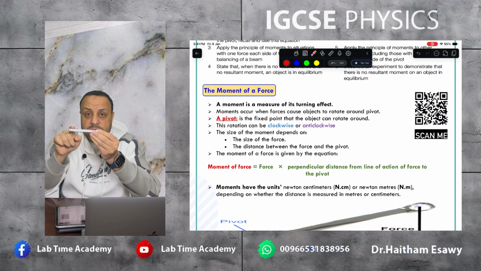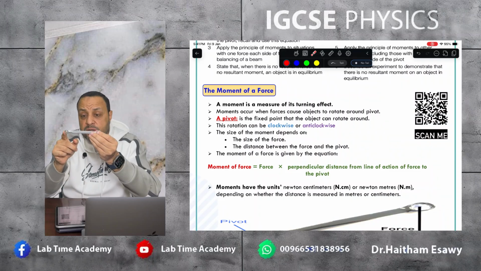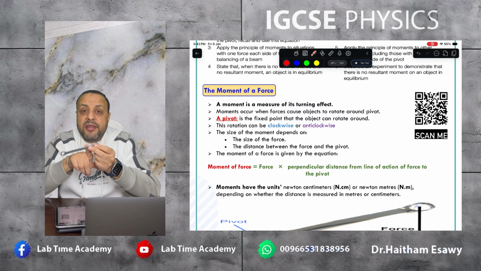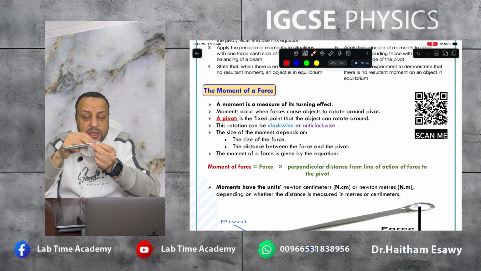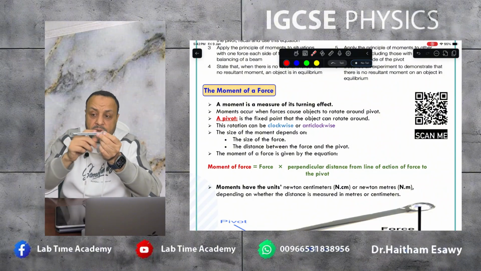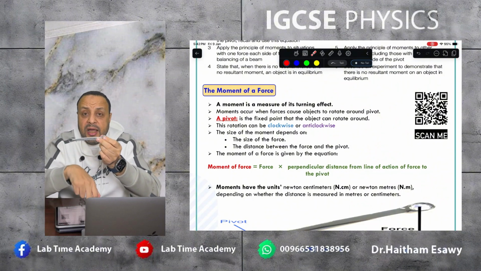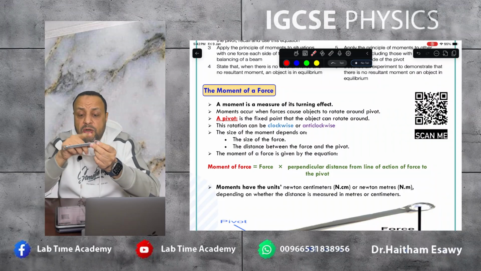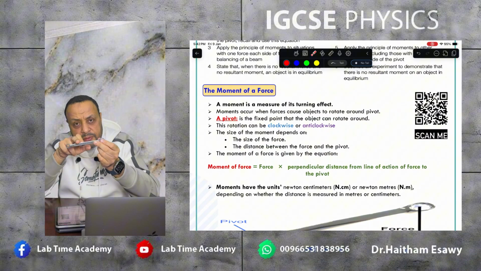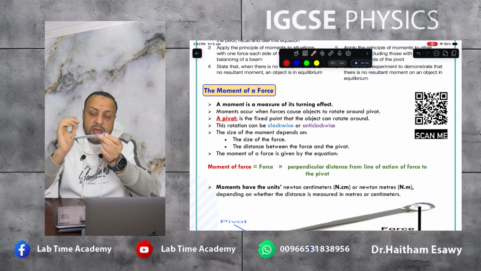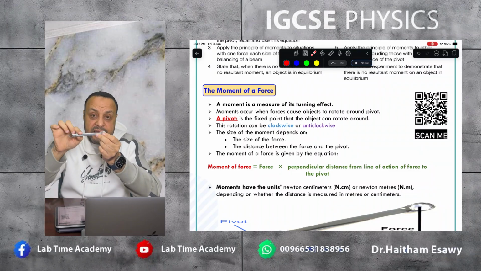We have force and distance, so what will be the unit of the moment of force? Newton meter or Newton centimeter, according to the unit of the distance, maybe meter, maybe centimeter.